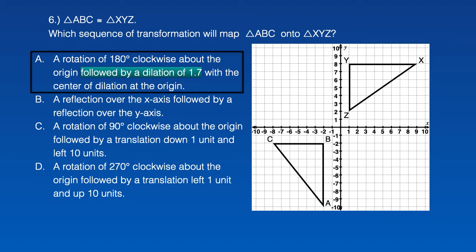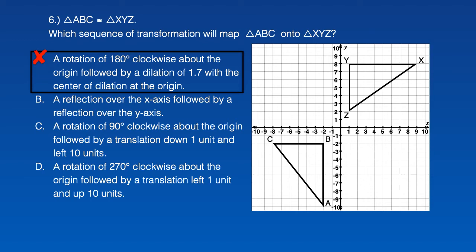If we're dilating our pre-image, in this case by a scale factor of 1.7, that means we're going to make it bigger, and it's not going to be the same size as triangle XYZ. So just from that information alone, we don't have to do anything else. We could just mark it wrong because they're not going to match up. One triangle is going to be bigger than the other.